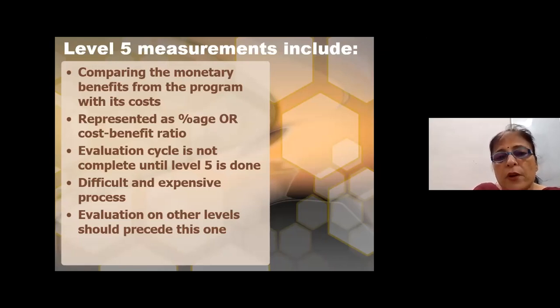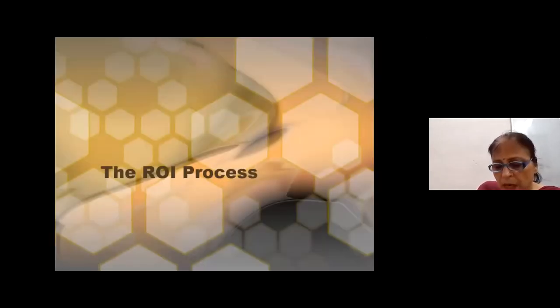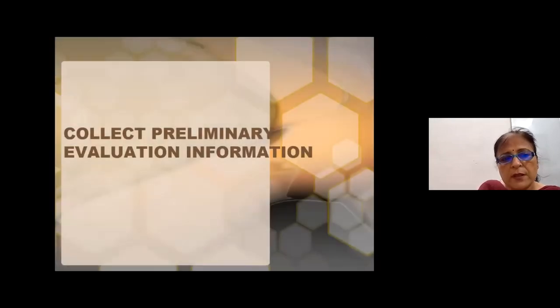And that is very important here. Soon we will see step by step how we do it. Let us look at the ROI process. The first thing that the ROI process requires is collecting preliminary evaluation information, some information that you require even before starting the ROI process.